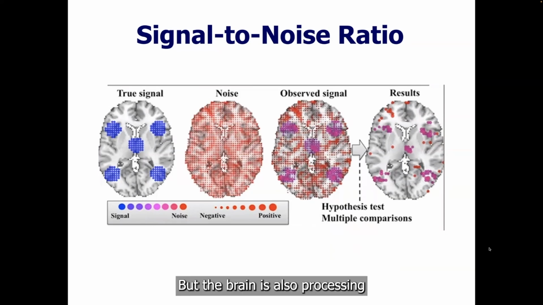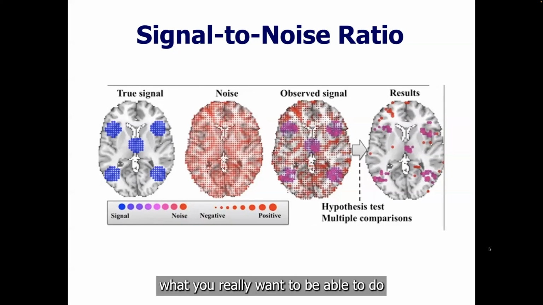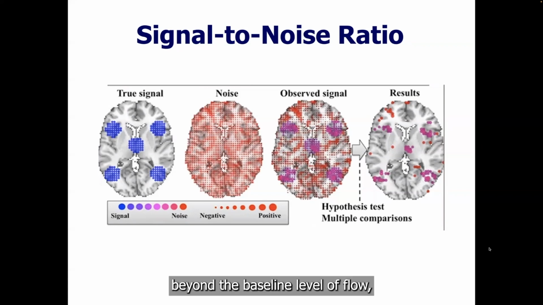But the brain is also processing other information all the time. There's blood flow everywhere in the brain based on different neural firing patterns that are not related to the finger tapping task. And so what you really want to be able to do is pull your meaningful signal that you're interested in, those areas that are involved in tapping your fingers, beyond the baseline level of flow and what we would call noise.